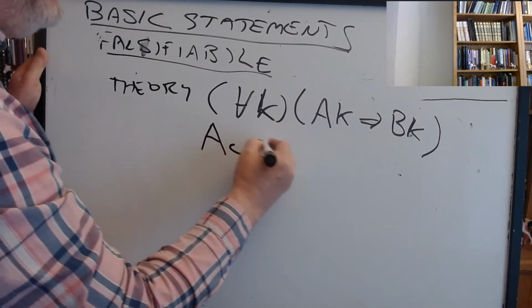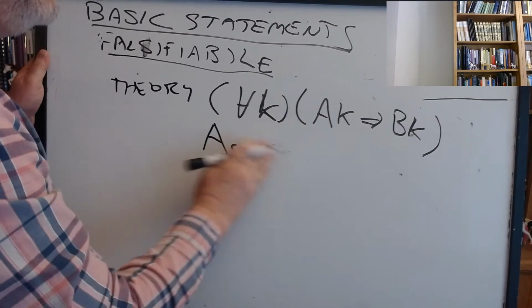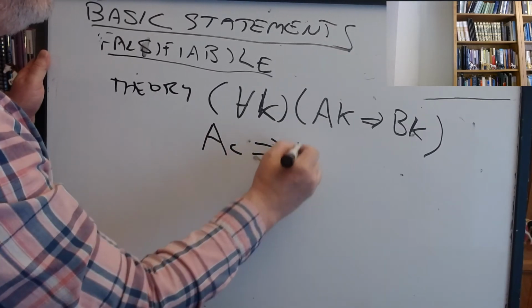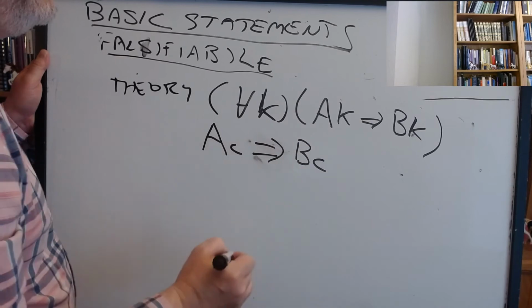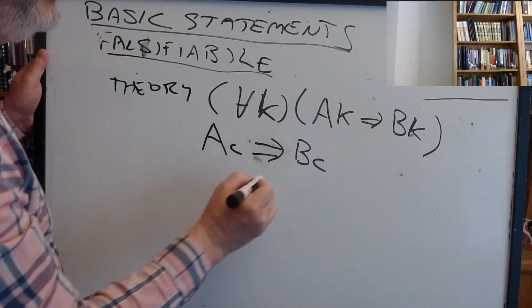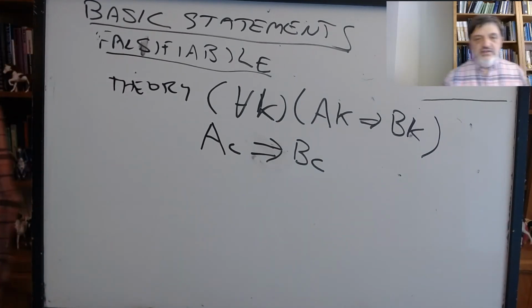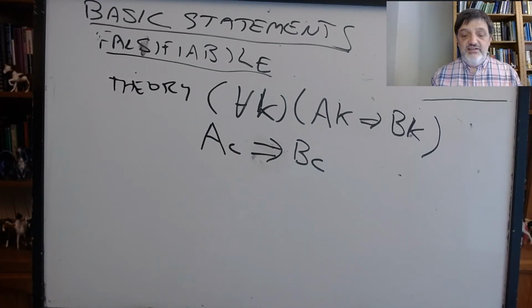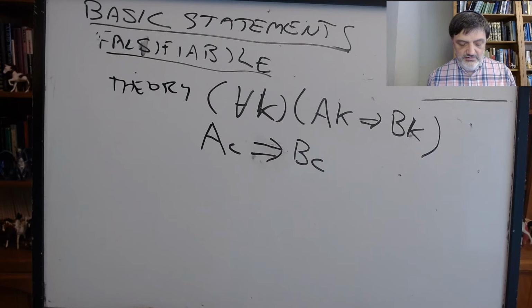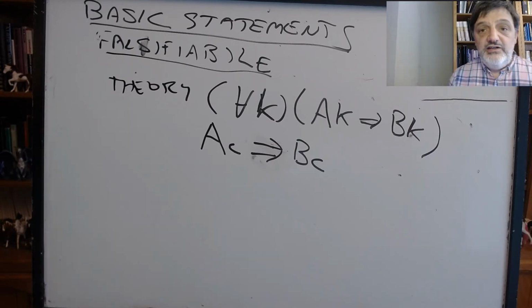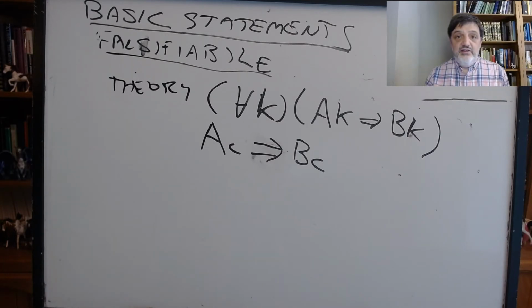Some of this is stuff I already talked about last time. Suppose that C stands for some particular spatiotemporal location. So this says, if the thing at C is a swan, then it's white.